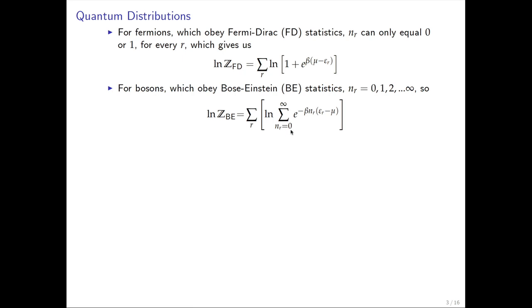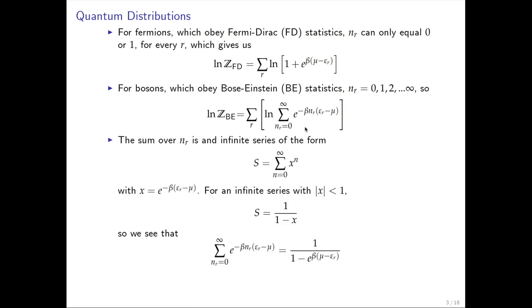Sum over occupation numbers for the different energy levels, and then sum over energy levels, of course. At first that looks rather complicated, but then we look at this sum and realize we could factor out the term without the occupation number, and we realize that this sum is actually an infinite series.